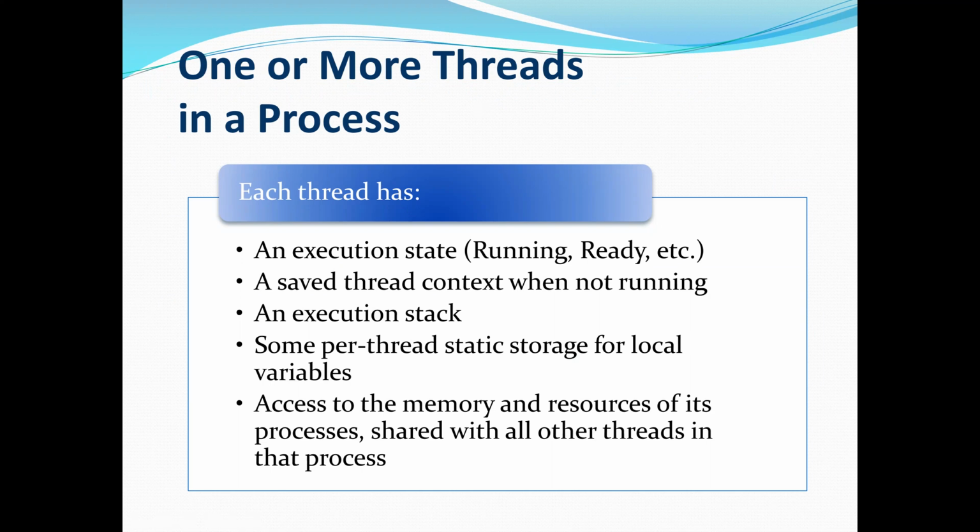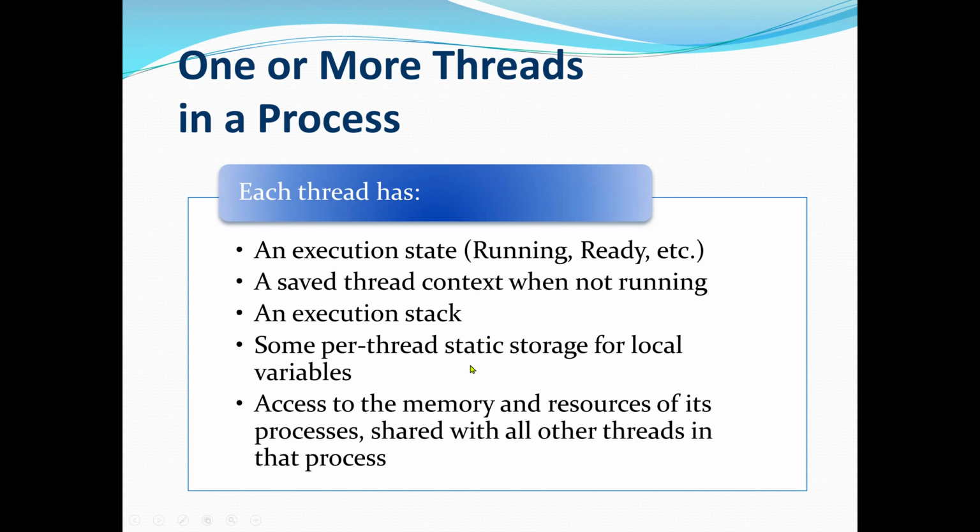Within a process, there may be one or more threads, each with the following. At least we may have a thread execution state, which can be running or ready, and also a saved thread context when not running. One way to view a thread is as an independent program counter operating within a process.